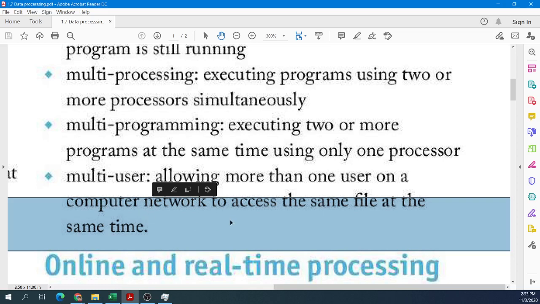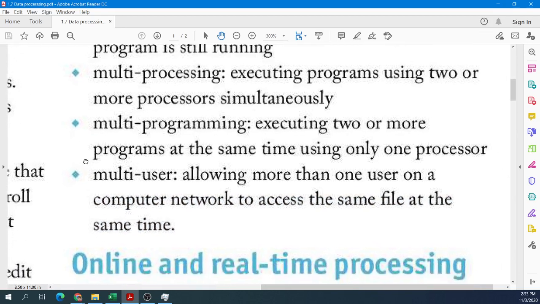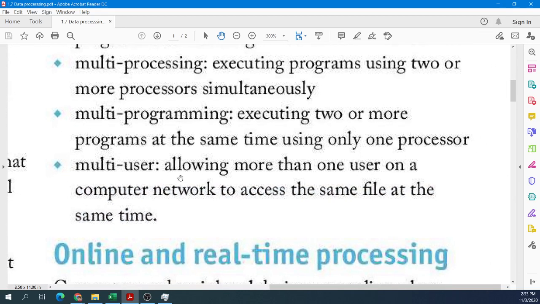Now, all of you that are inside of that home can connect to the Wi-Fi and be able to access the internet or any file that is on the internet, maybe a Word document, a picture. So that is an example of multi-user.